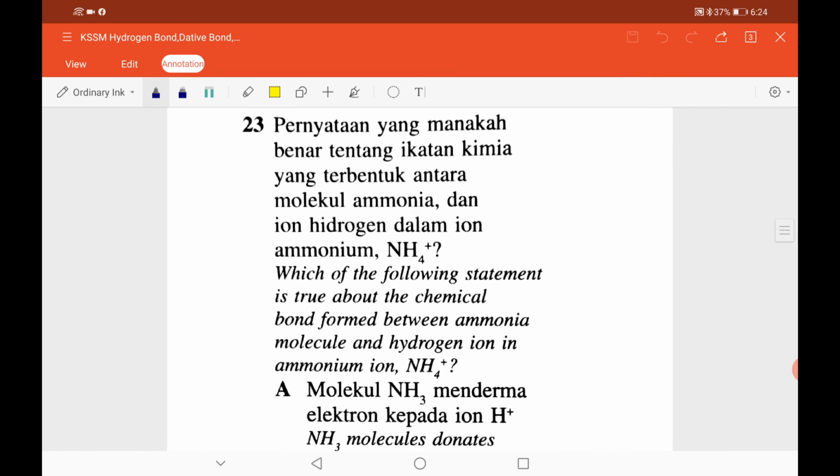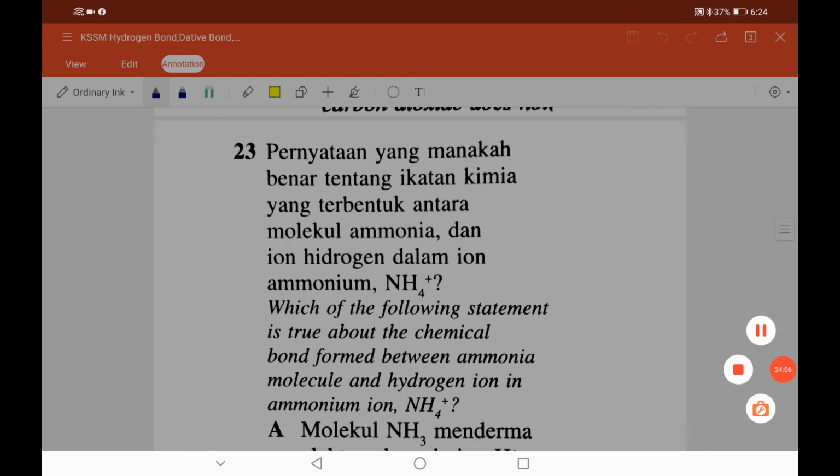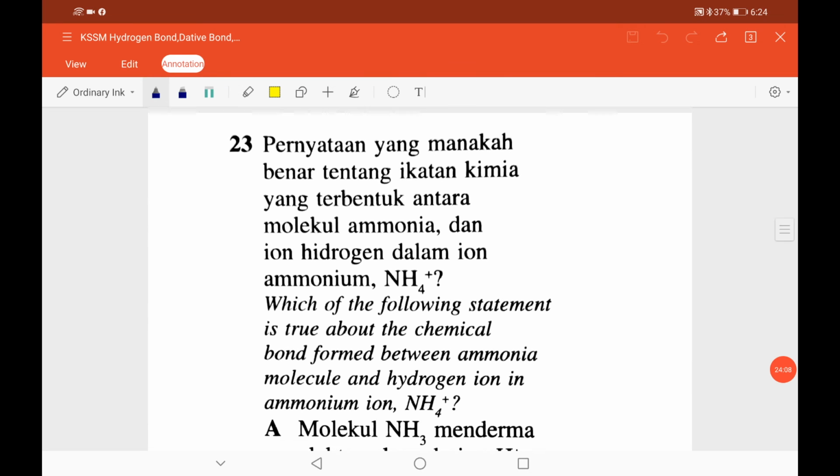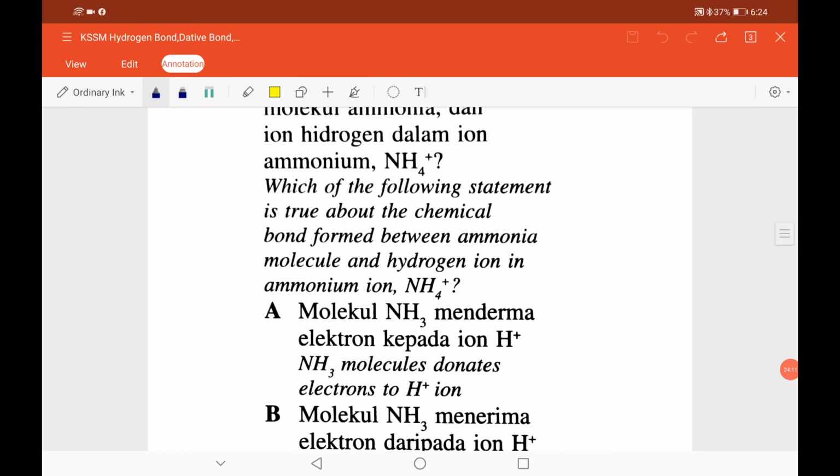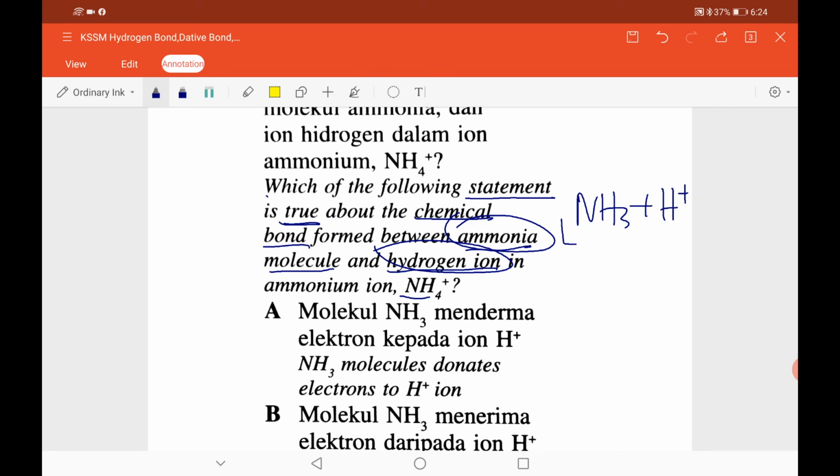Okay, so let's start with this. This is question 23. The question asks, which of the following statements is true about the chemical bond which is formed between ammonia and hydrogen ion to get NH4? So we have ammonia, NH3, we have hydrogen ion, H plus. When they combine, you'll get NH4.